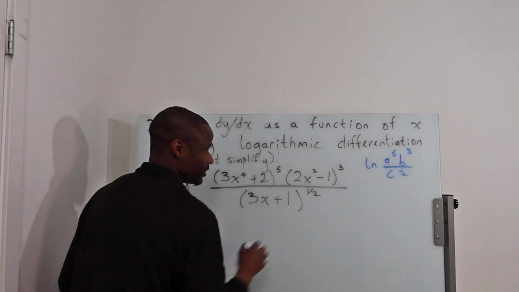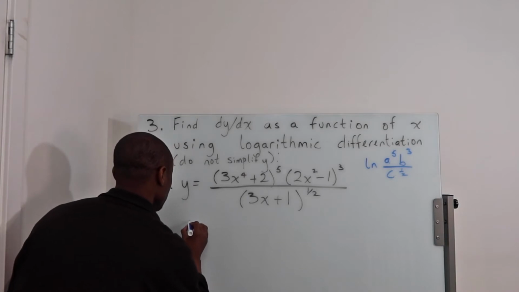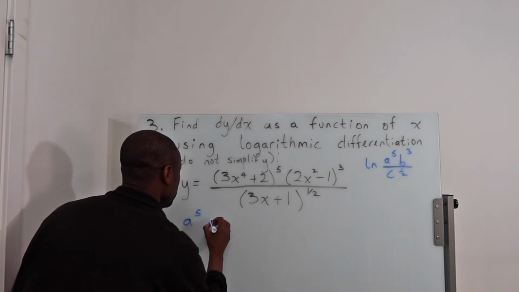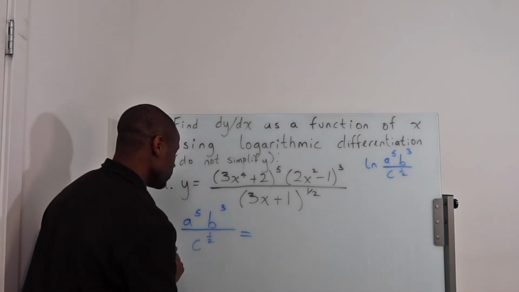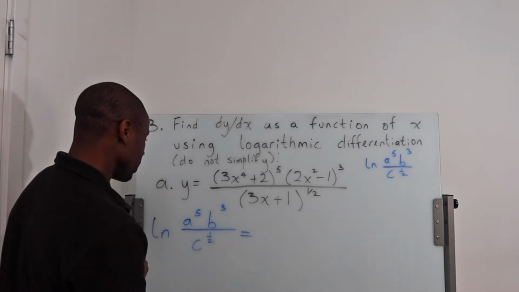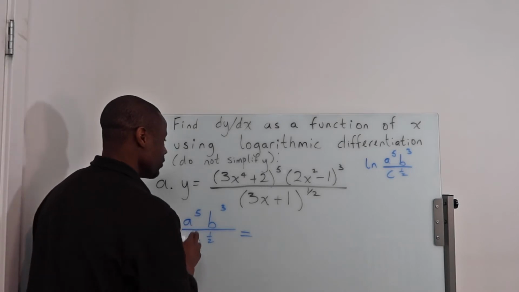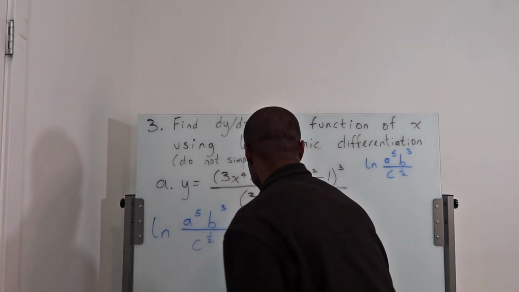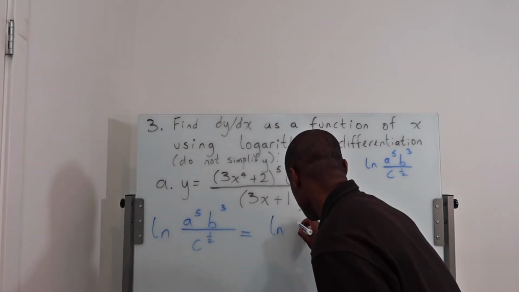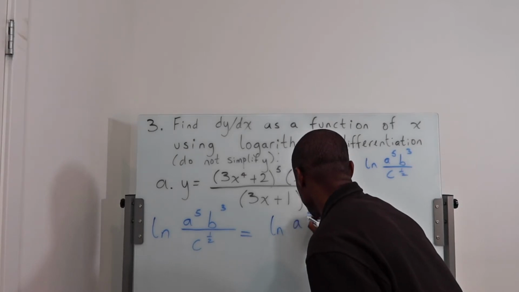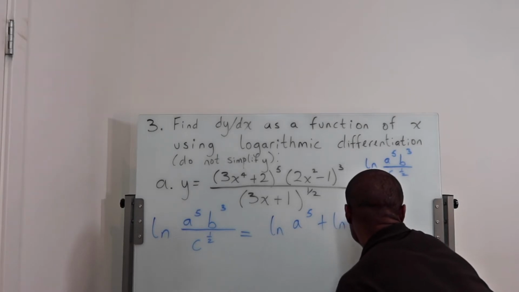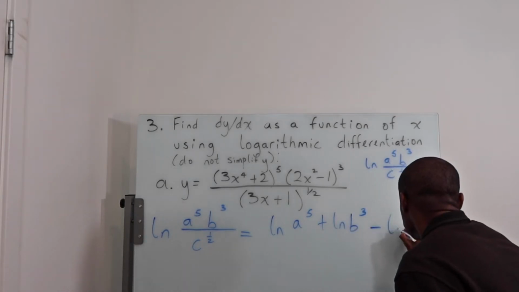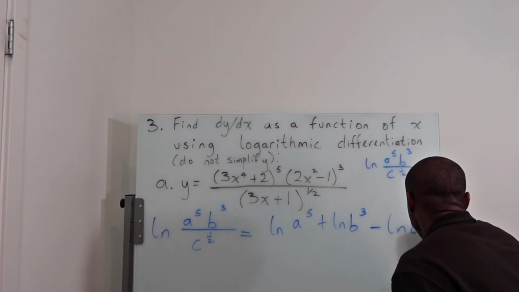Let's go ahead and expand what I've written on this side here. If I have the natural log of a to the fifth and b cubed over c to the 1/2, based on the properties of logs, we know that what we actually have is the natural log of a to the fifth plus the natural log of b cubed, minus the natural log of c to the 1/2.